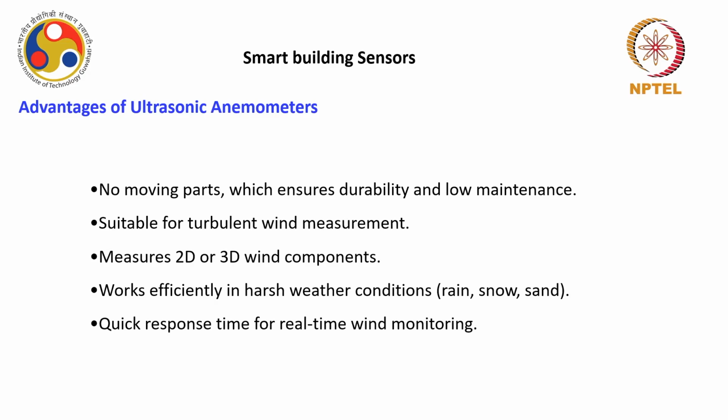No moving part ensures durability and less maintenance. They are suitable for turbulent wind measurement, for which vane anemometers are not suitable. They can measure 2D or 3D wind components also.